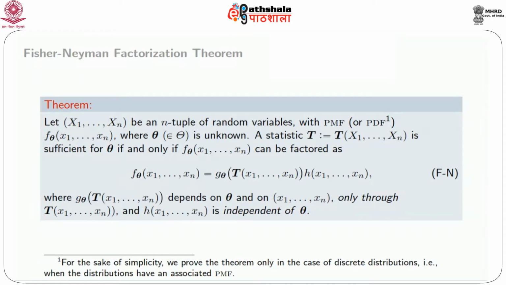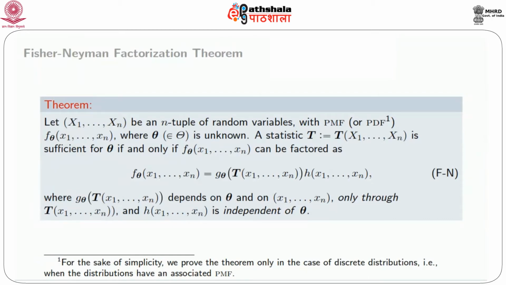A statistic capital T is sufficient for theta if and only if f theta (x1, x2, ..., xn) can be factorized as f theta (x1, x2, ..., xn) equals g theta (t) times h(x), where g theta (t) depends on theta and on x1, x2, ..., xn only through t, and h(x1, x2, ..., xn) is independent of theta.